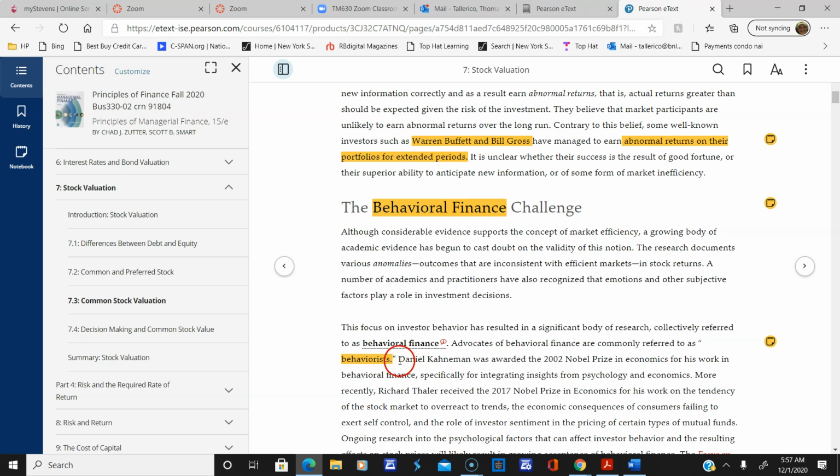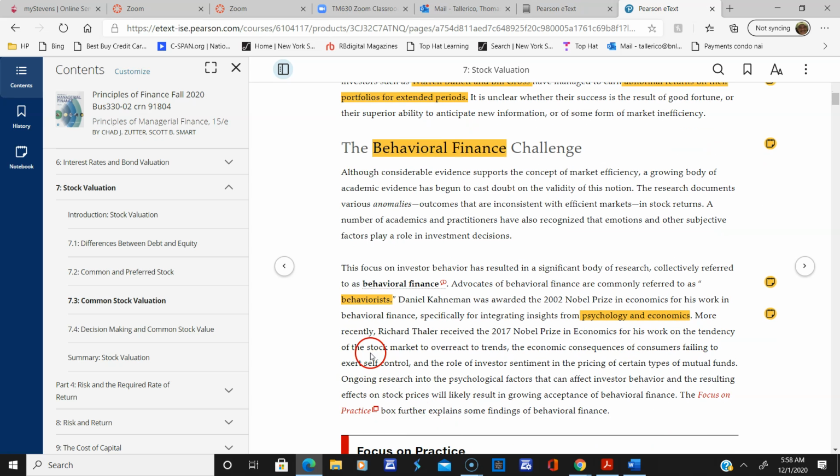A famous gentleman by the name of Dan Kahneman got the 2002 Nobel Prize in economics for integrating insights from psychology and economics into how people trade in the stock market. And then Richard Thaler received the 2017 Nobel Prize on the tendency of the stock market to overreact to trends, and the economic consequences of consumers failing to exert self-control.